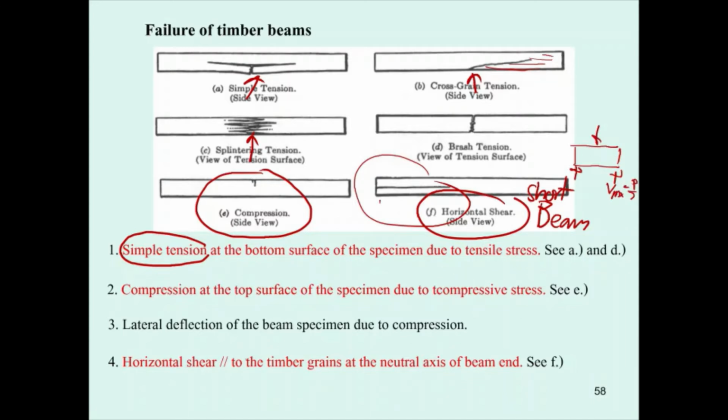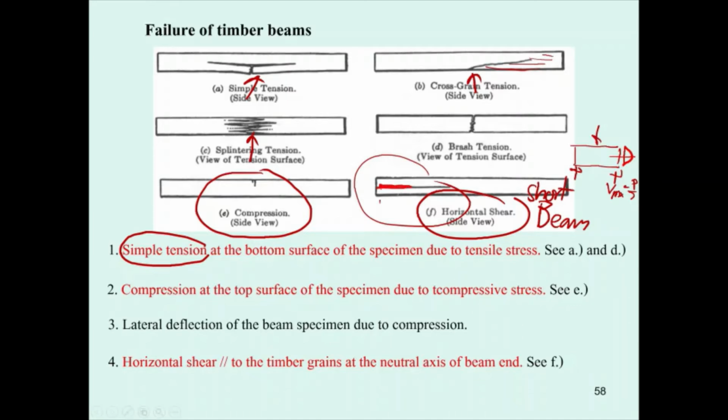So when it is subjected to a large force, the distribution of the shear stress is going to look like this. The maximum occurs near the middle of the beam, so the crack occurs here.